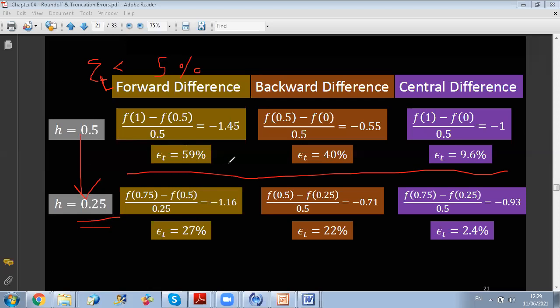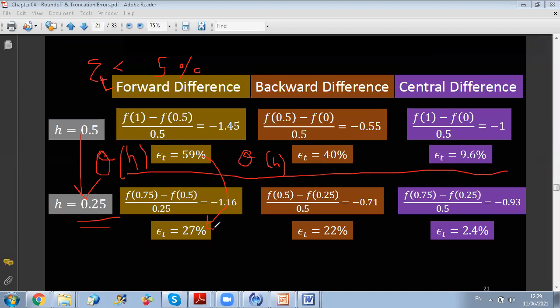As you can see here, because the error is of order h in the forward and backward scheme, you can expect that if I divide h by 2, I can nearly divide the error by 2. And this is what will happen, because I nearly moved from 60 to 30. It's not exactly divided by 2, because I'm not only neglecting the term of order h, but I have several terms that are neglected.